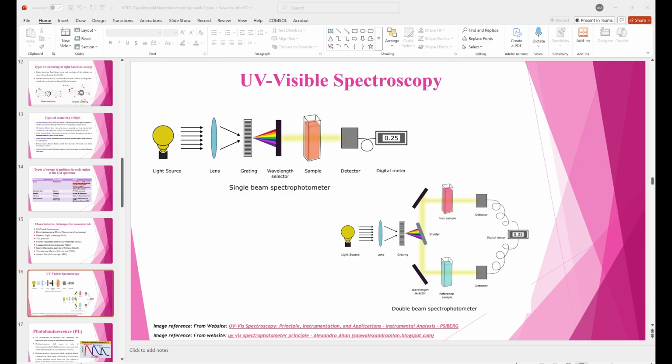You basically have to make sure that you have the detector at 180 degrees. So detector is at 180 degrees. So your light source, suppose this is the cuvette sample holder. You have your source from here, your light source, and the detector is at 180 degrees for UV visible. Okay, so you have to just make sure that you have enough volume that the light passes through your sample.